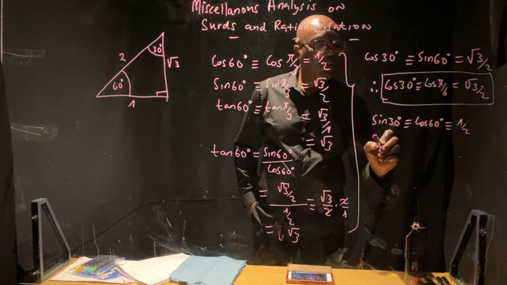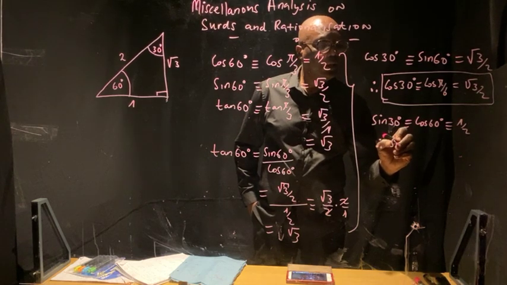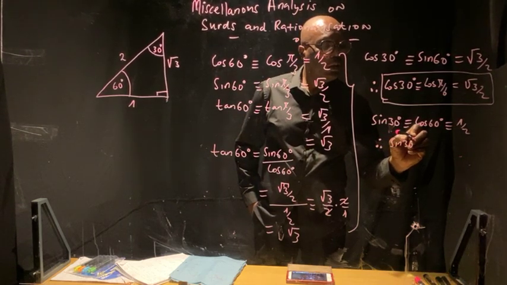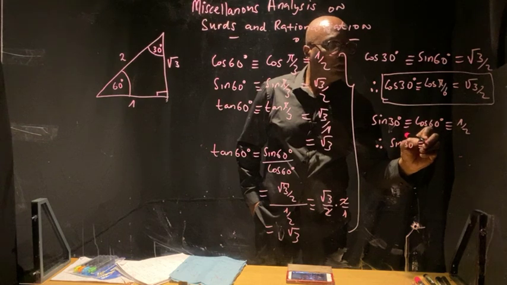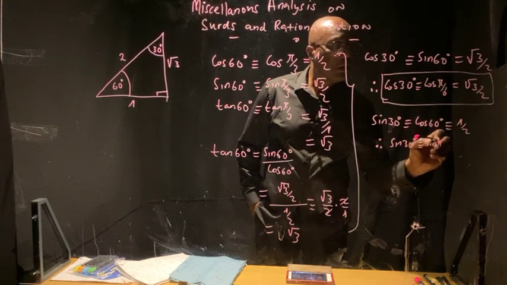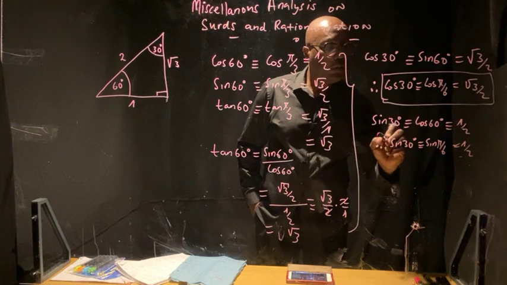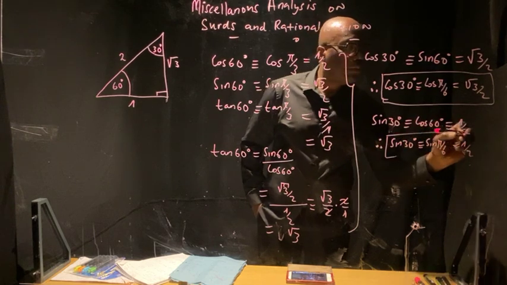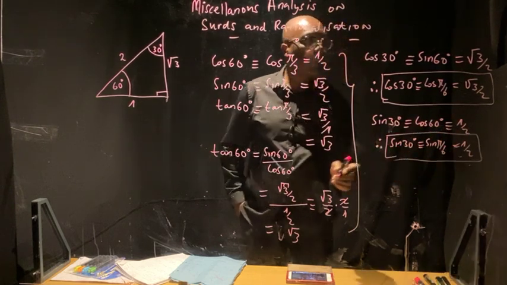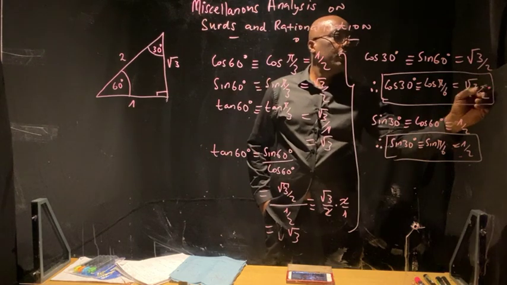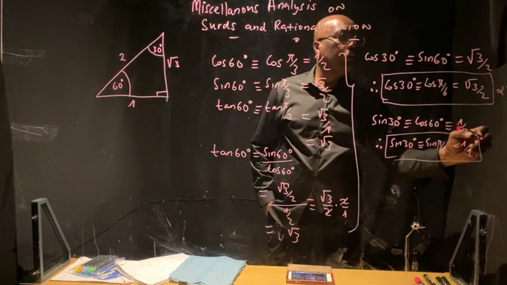Therefore, sine 30, which is equal to sine pi by 6, is equal to half. Let me call this one alpha, and let me call this one beta.